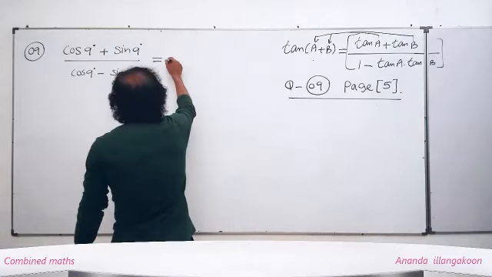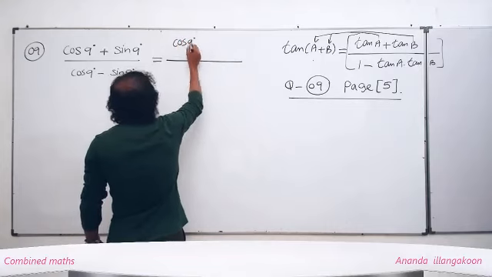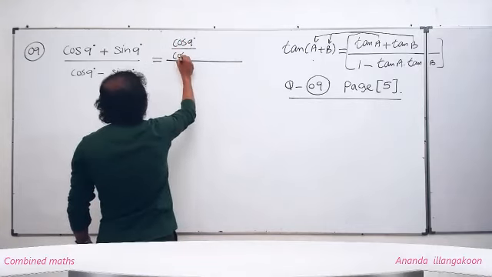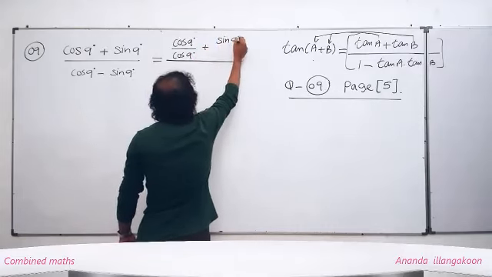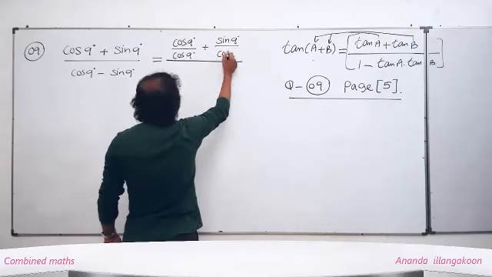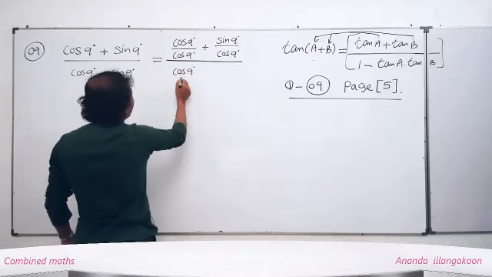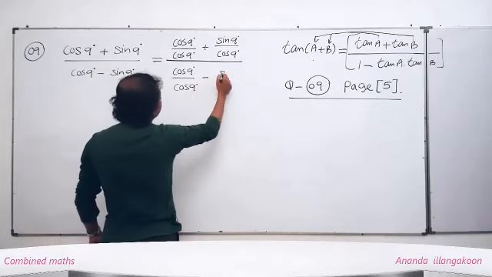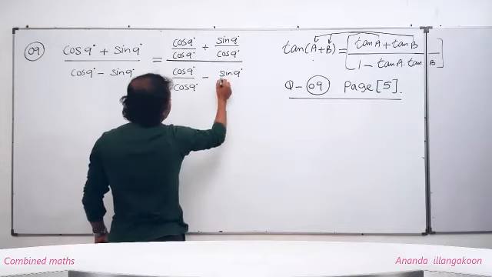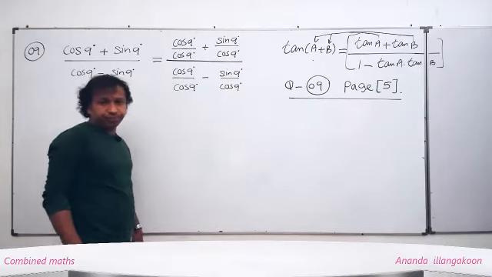So then what I get is this: cos 9 divided by cos 9 plus sin 9 divided by cos 9, over cos 9 divided by cos 9 minus sin 9 divided by cos 9. I think you agree with me.